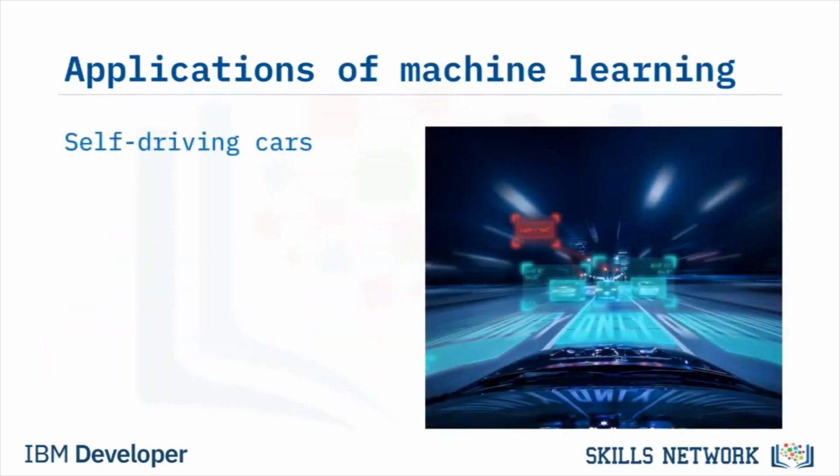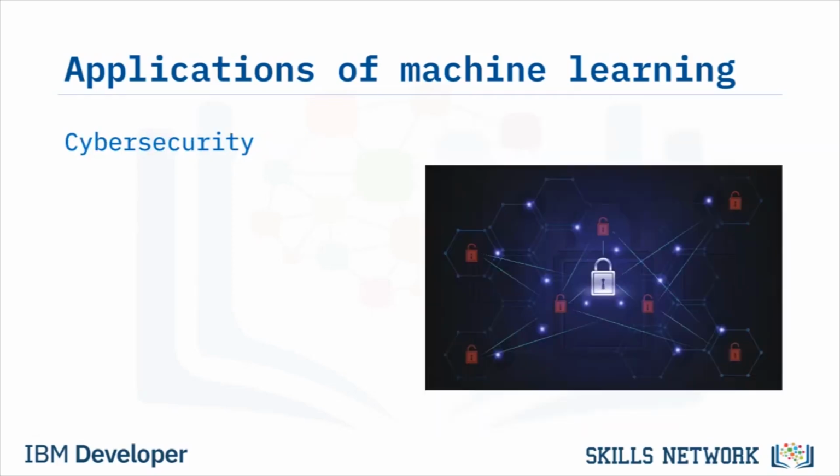Machine learning is present in many fields and industries. It is used heavily in the self-driving car industry to classify objects that a car might encounter while driving. For example, people, traffic signs, and other cars. Many cloud computer service providers like IBM and Amazon use machine learning to protect their services. It is used to detect and prevent attacks like a distributed denial of service attack or suspicious and malicious usage.